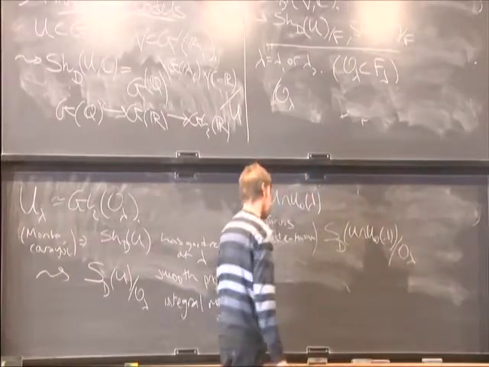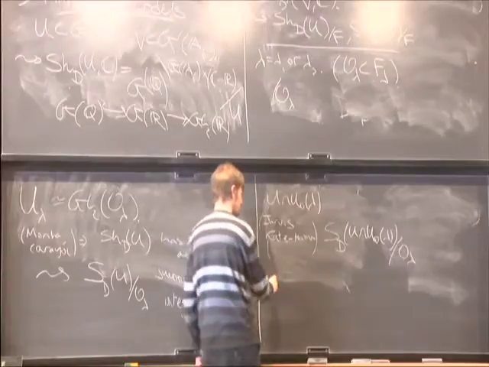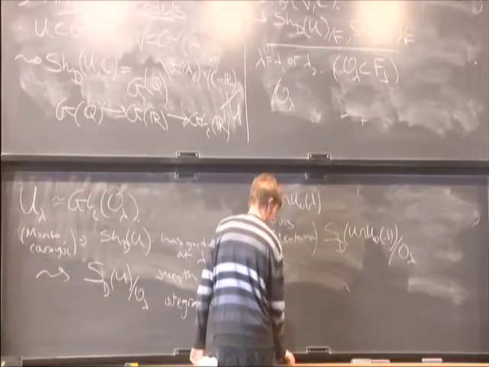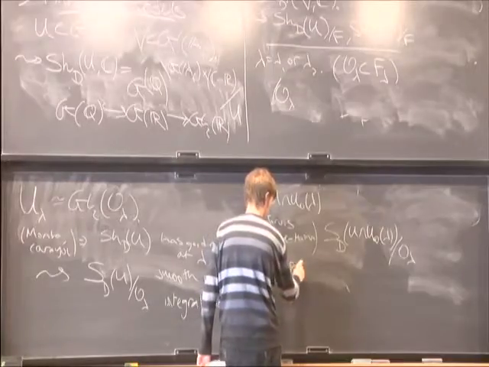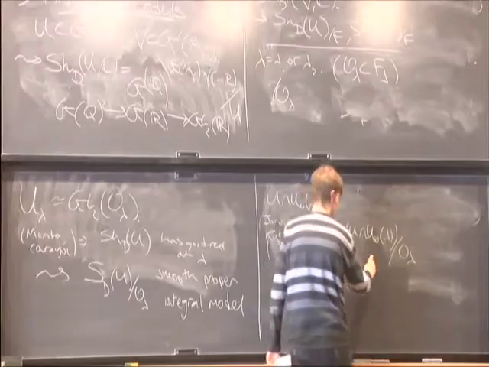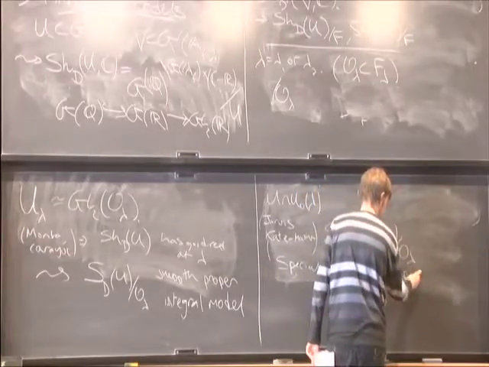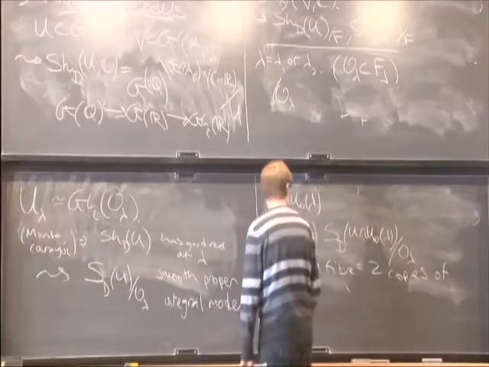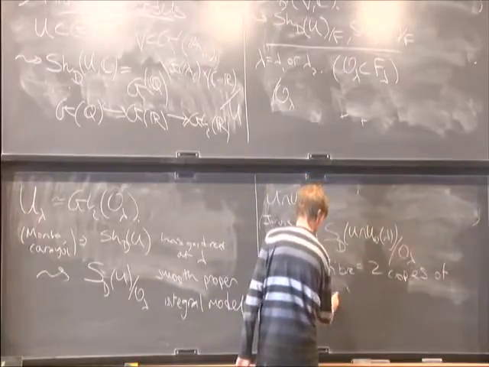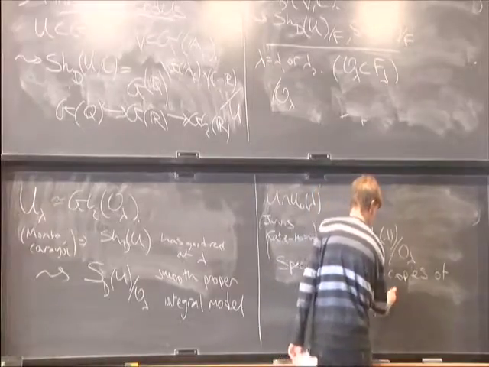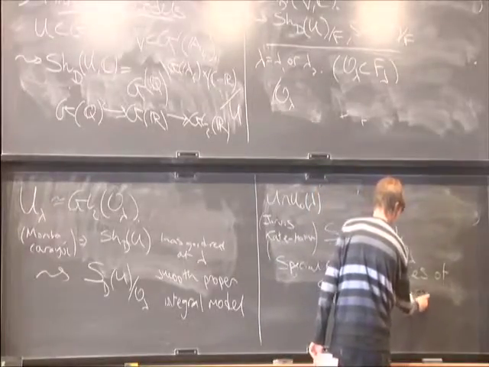And the structure of the special fibre of this integral model is that the special fibre looks like two copies of the smooth special fibre of this curve intersecting transversely at the supersingular points.